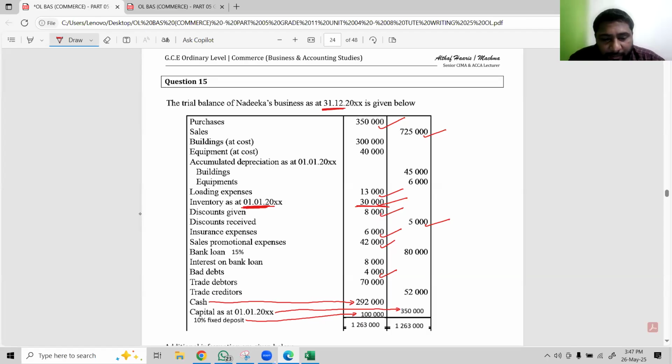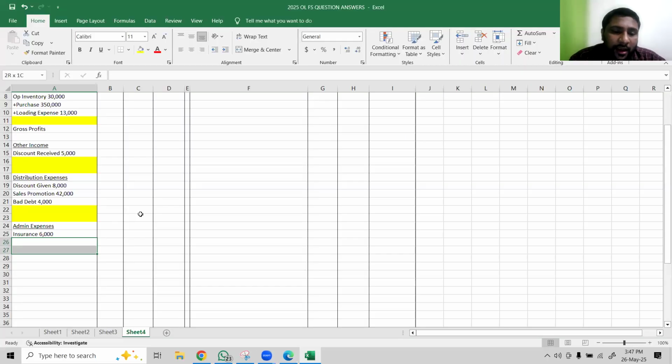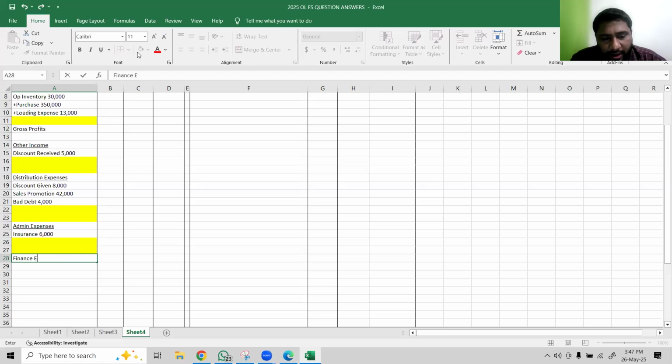I think that's the only admin expense that we have. And we'll leave 2 lines and move to the finance expense.